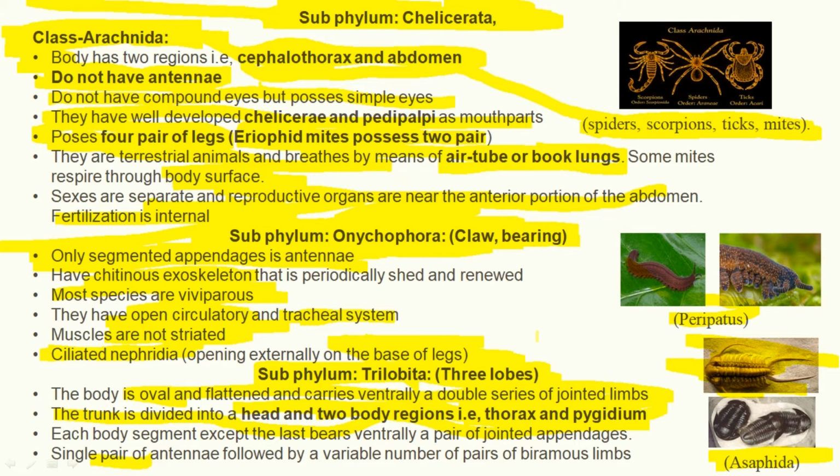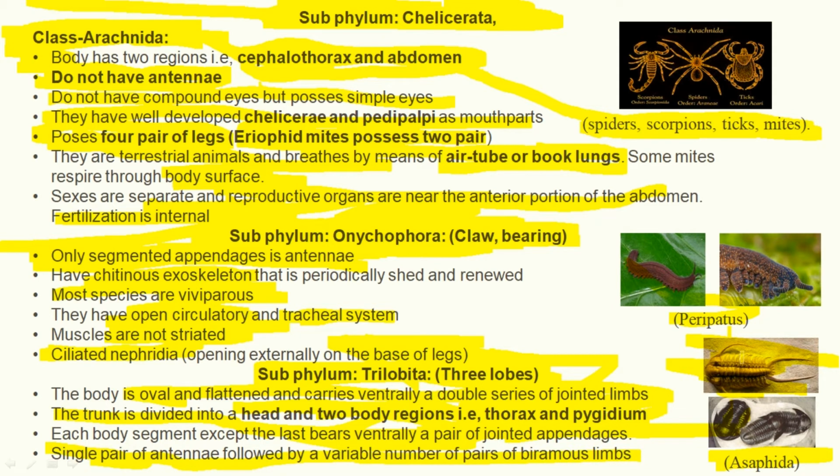Each body segment except the last bears ventrally a pair of jointed appendages. These pairs of appendages are present all over the body. You see here and here. Ventrally, pairs of appendages will be there. A single pair of antenna will be there, followed by a variable number of pairs of biramous limbs.